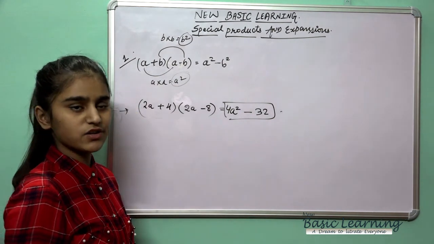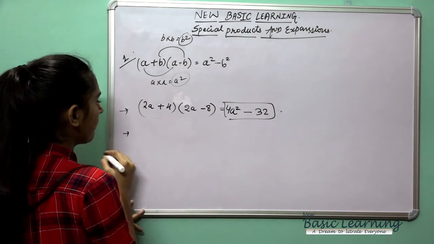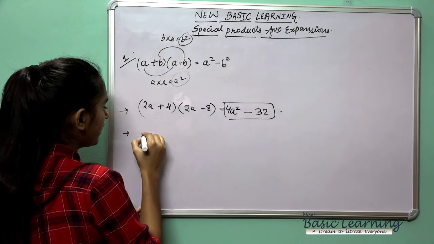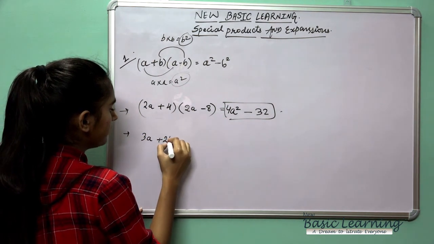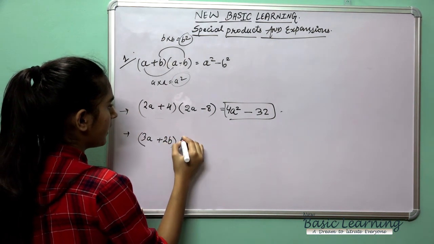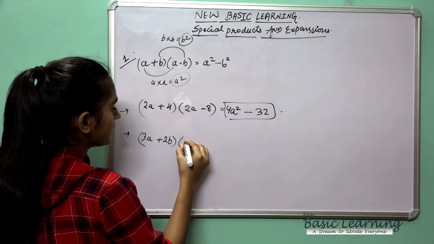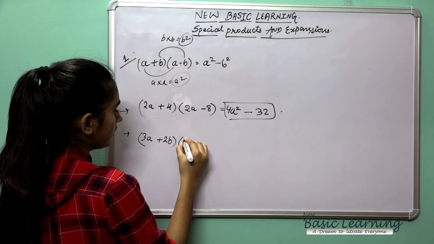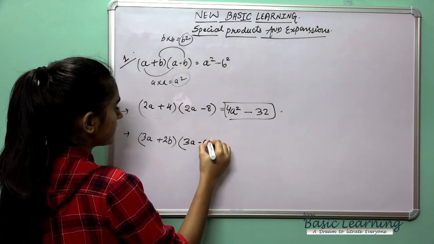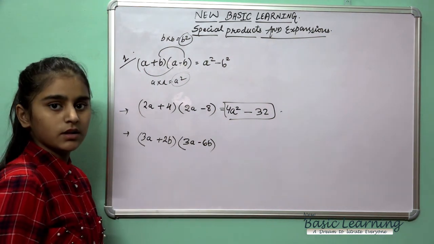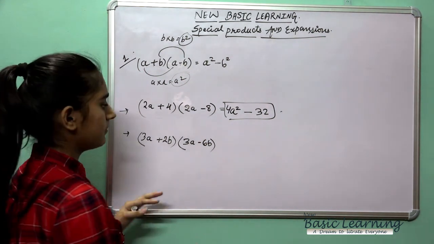Now we will take another question. Suppose the value for a plus b is given as 3a plus 2b, and for this, a minus b is given as 3a minus 6b. The formula will be the same.